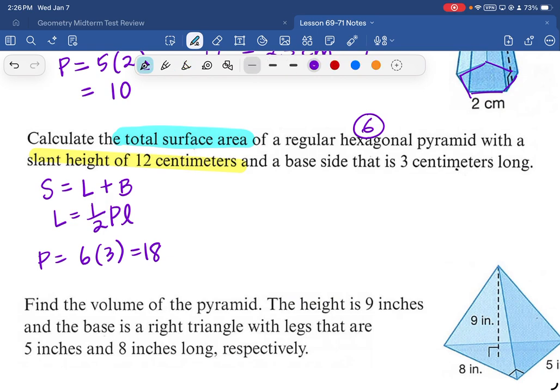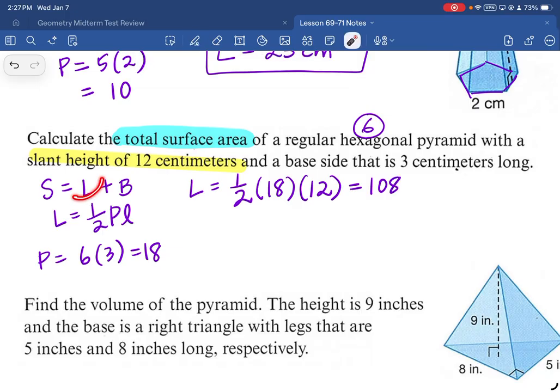Okay, we can find our lateral. Lateral equals 1/2 perimeter. We said 18. Slant height, we said 12. Punch that in and tell me what y'all get. 108. Okay, now that's just this, right?